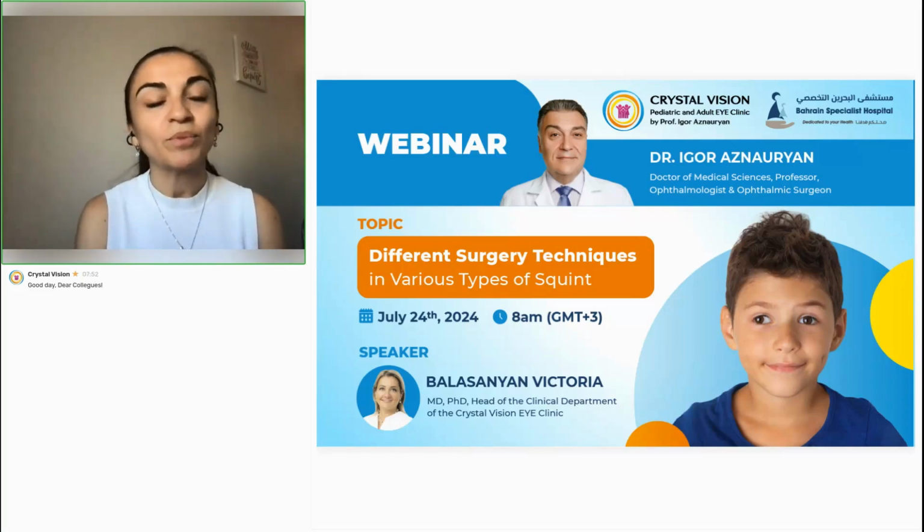What type of strabismus surgery to do, when to do, what diagnostic we need to do for understanding the dosage of strabismus surgery, and what techniques to use to make the best surgery for each patient, and make this surgery individually for each one, so that we will get the best result, not only in the aligning of the eye position, but also in the visual acuity and in the restoration of binocular vision.